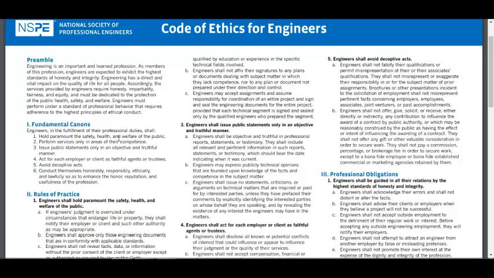That's what codes of ethics do: they list out these values: public safety, health, welfare. Perform services only in areas of their competence. Namely, you don't want a bridge engineer necessarily developing your new cell phone battery.